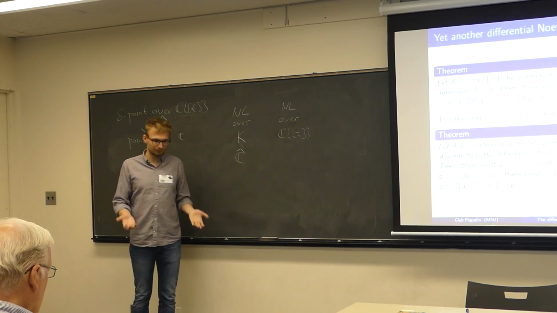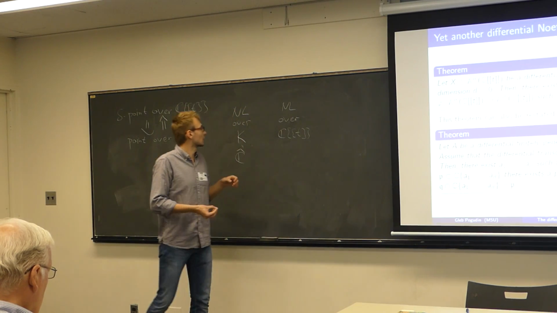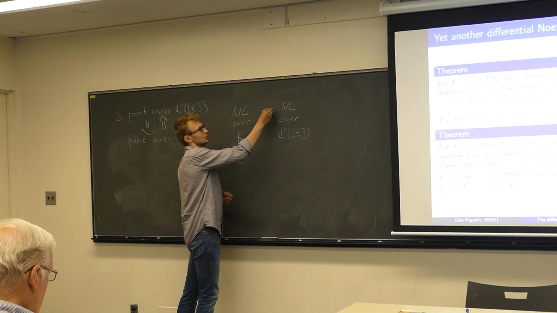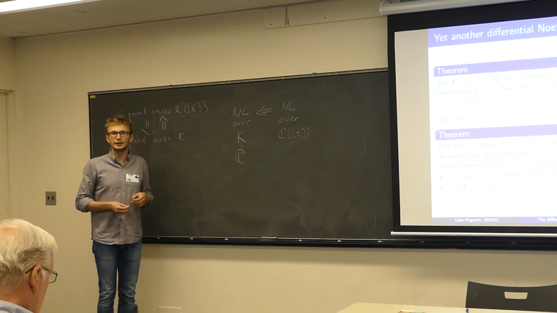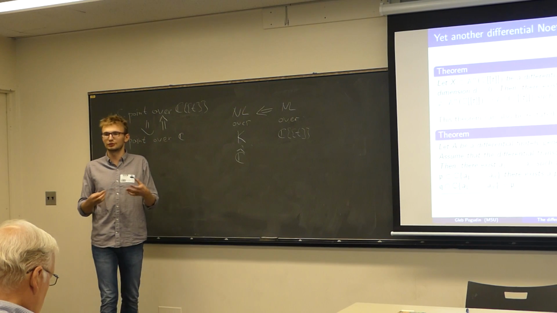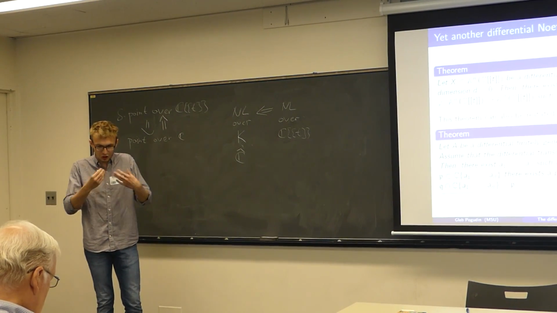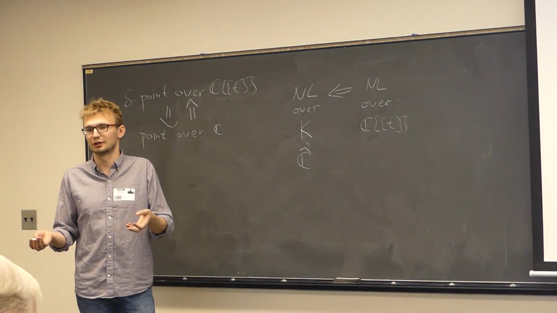And what's the connection? One connection is quite well known. It says that there is such an implication. If you have a homomorphism of differential rings, if it is surjective on algebraic spectra, it will be surjective on differential spectra.